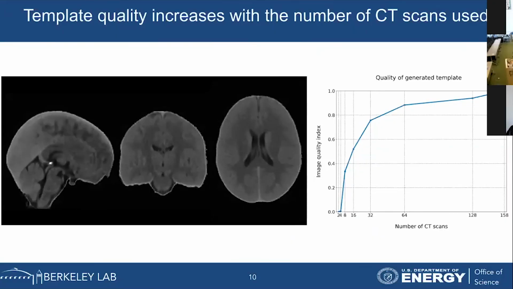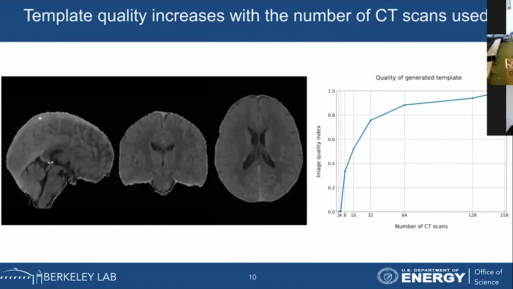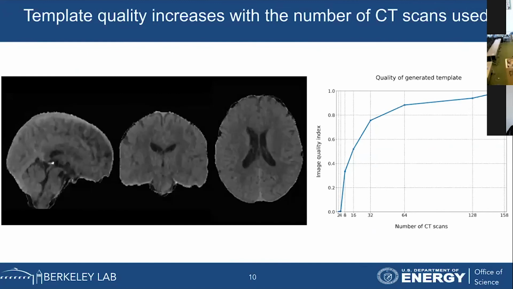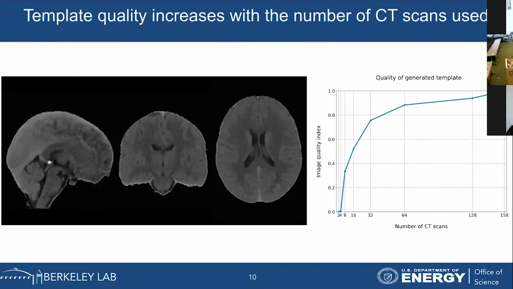Yes, that's a good question. The question is about how I could guarantee 158 is good enough for the image quality. This is what I'm showing in the animation on the left. Basically, there's no limit. You could always go better and better.